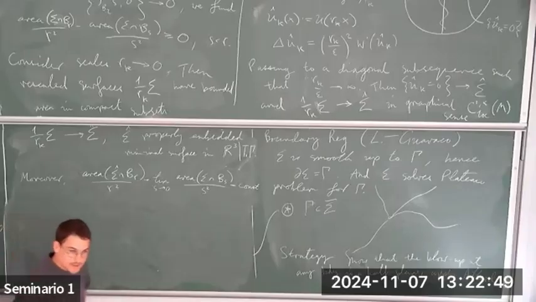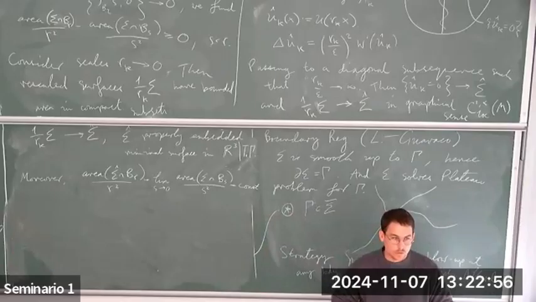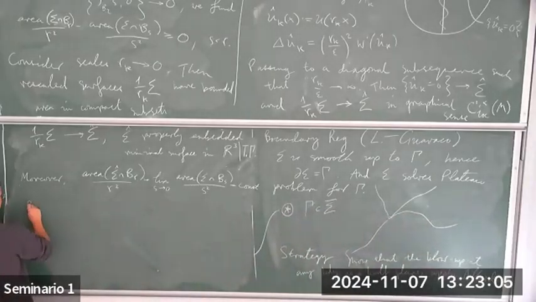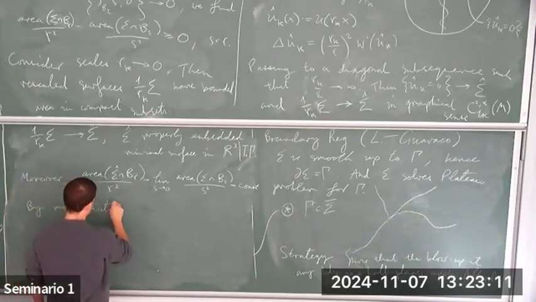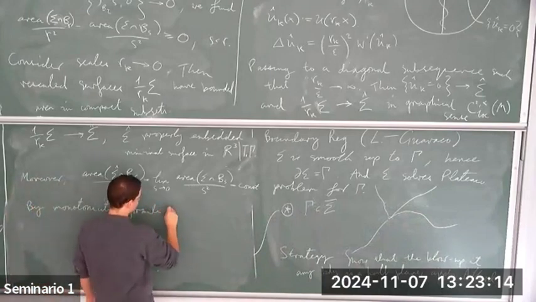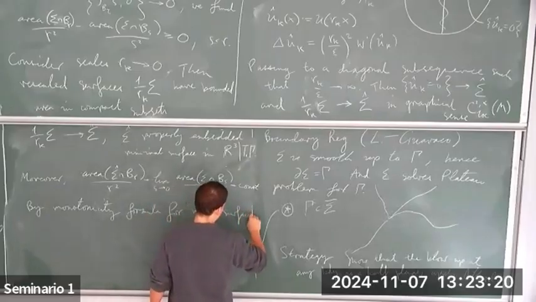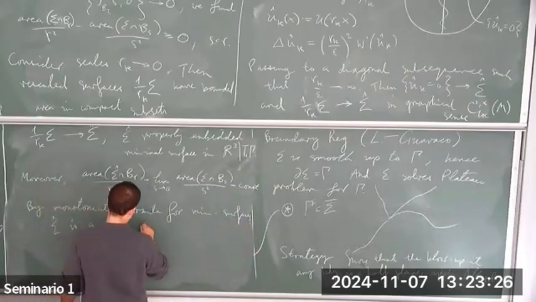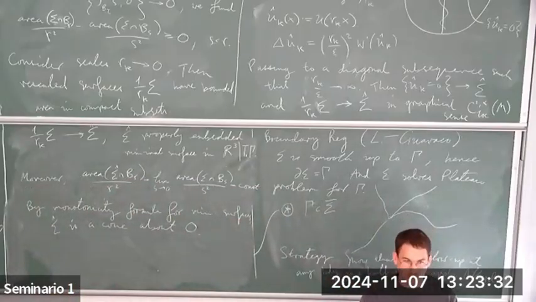Right, so sigma hat has constant area ratios, and it's then a consequence of the usual monotonicity formula for minimal surfaces that sigma hat has to be a cone. Sigma hat is a cone around the origin.